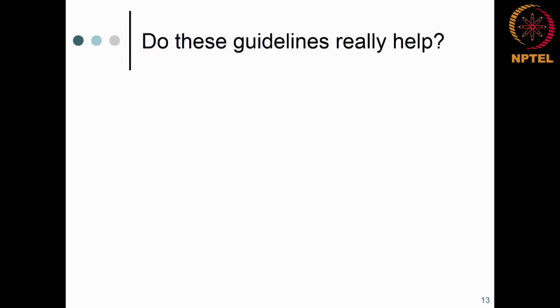We have discussed a lot of guidelines right now in terms of insertion, handling. Do these really help? If so, how? Because these are just a bunch of guidelines, right? There are like some 5 plus 3 we discussed, and these could be specific also.